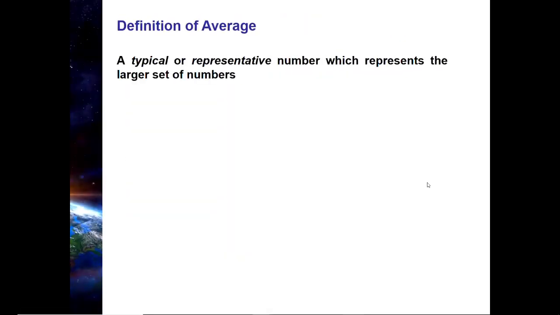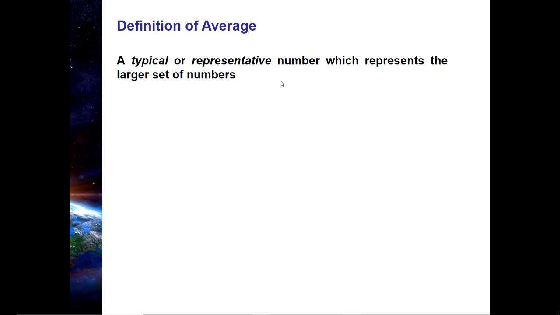So an average is just a typical or representative number, which represents the larger set of numbers. So if I have 50,000 scores, an average is going to be a score that is considered typical for that data set. It's going to be considered a representative number.